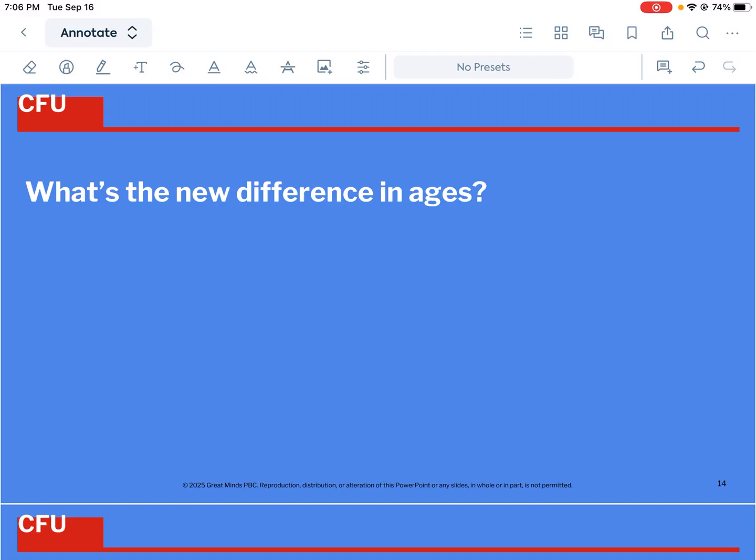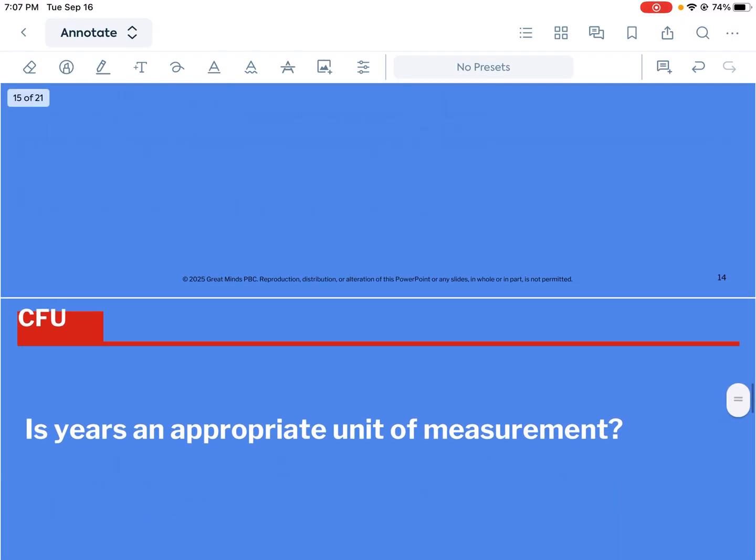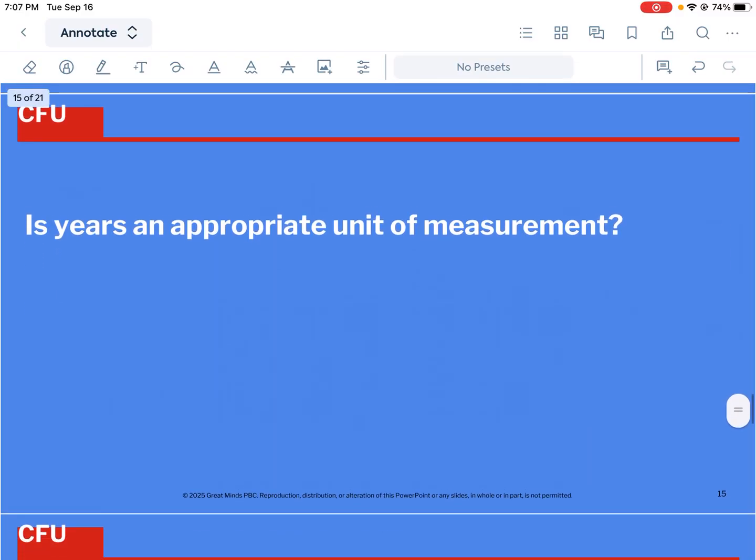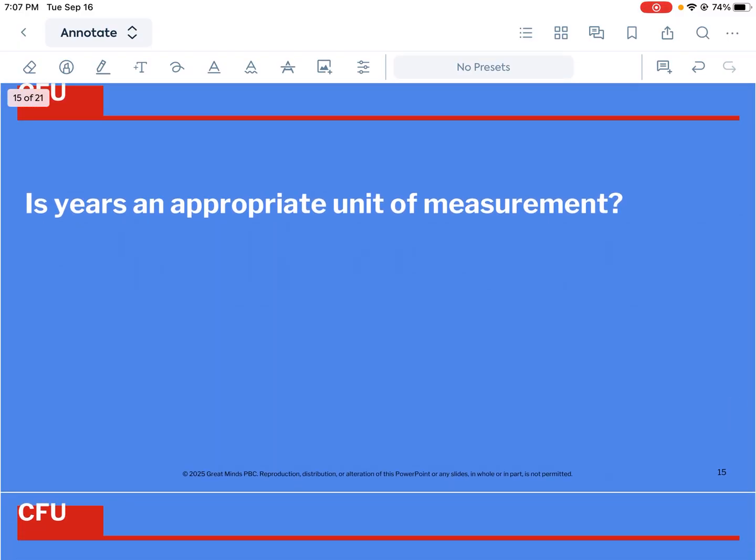The question is, what is the new difference in age? I would think that's obvious. Obviously, Mr. Jacob is a grown man, so he is several years older than the baby. Okay. Then there's the question, is years an appropriate unit of measurement?